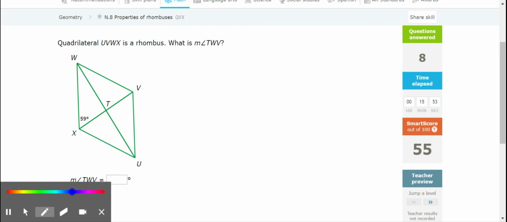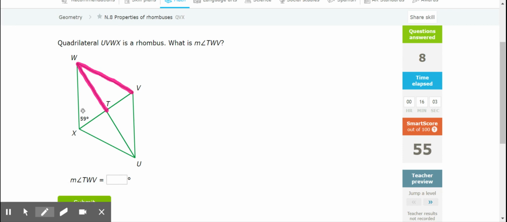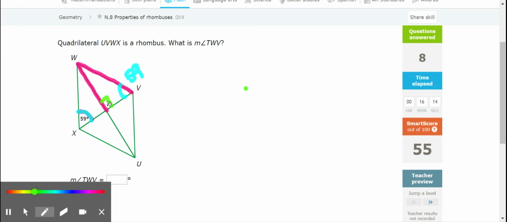So it's asking for angle TWV. Okay? So if this angle is 59, let's do it in blue. If this angle is 59, I know that this is going to be 59. I also know that where the diagonals cross makes a 90-degree angle.